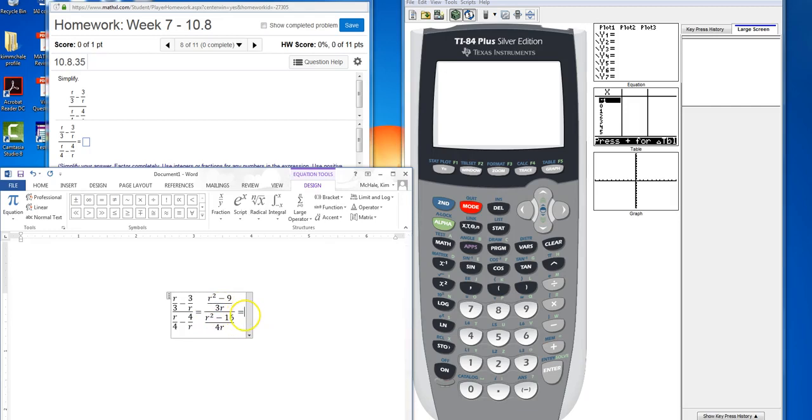Now what I need to remember is when I have two fractions that are being divided, I take the second fraction, or the denominator fraction, I flip it, and it turns into multiplication. So I actually get two fractions being multiplied. The first one stays the same, r squared minus 9 over 3r.